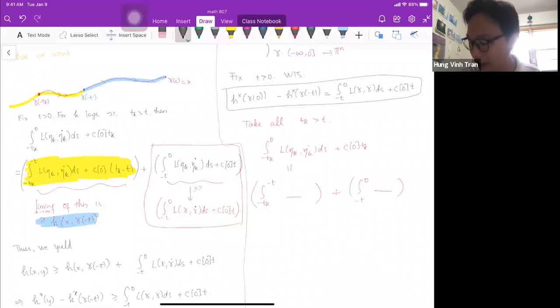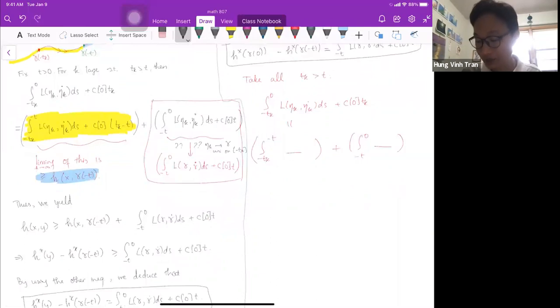Because I only said that eta k converges to gamma uniformly only, right? So why do I have equality? In fact, there are two ways to do this. The first simple way is that actually I don't even need equality if I want to do it in a vague way, but let's discuss this one.